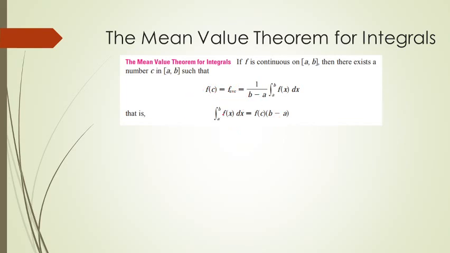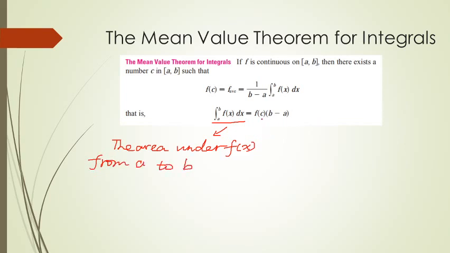So the definite integral will be f(c) times b minus a. How can we understand this formula? I think this part is easy to understand. The left part, the definite integral, is the area under the curve f from a to b, right?